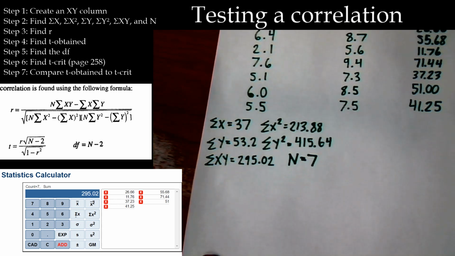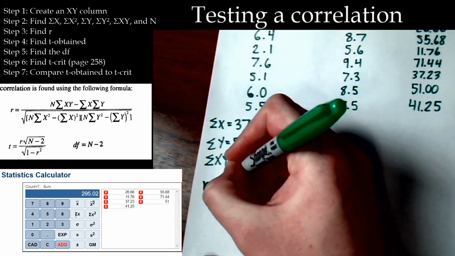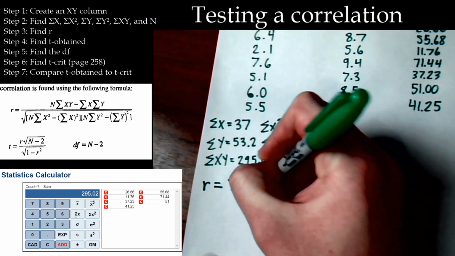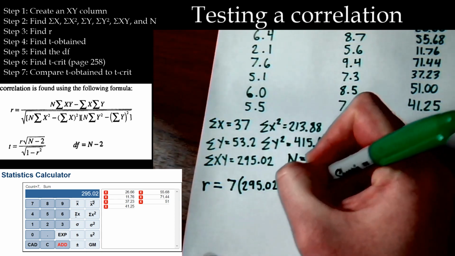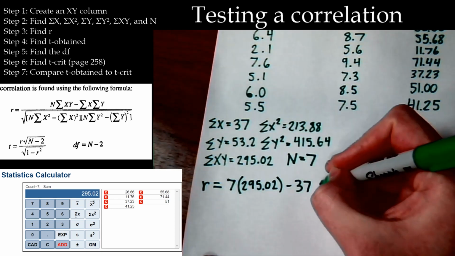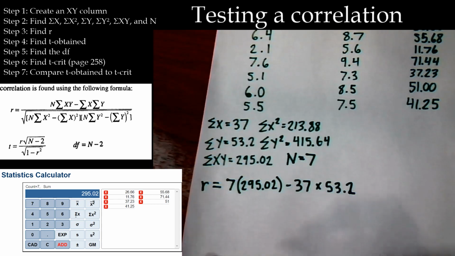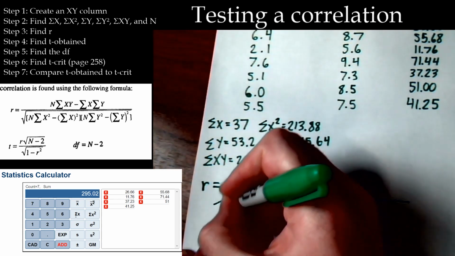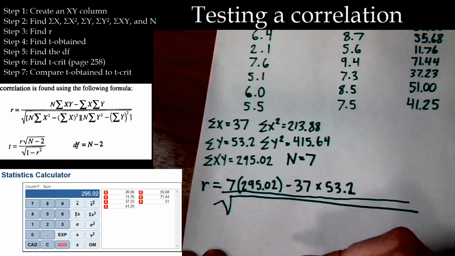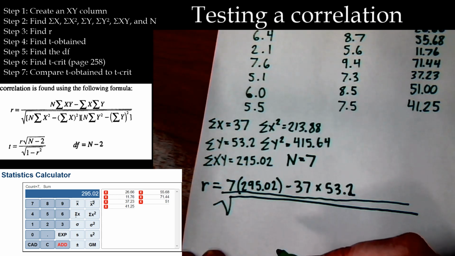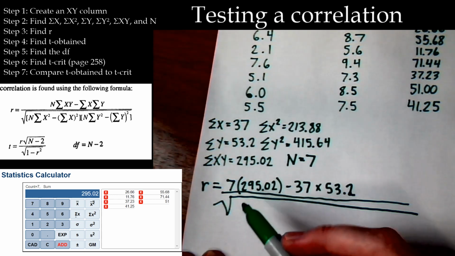Next, you want to find r. On the screen here, I have put the formula for r, and you can also find it on page 124 of your stats book. A common mistake that people make with this formula is that they forget to take the square root. Don't let this happen to you.